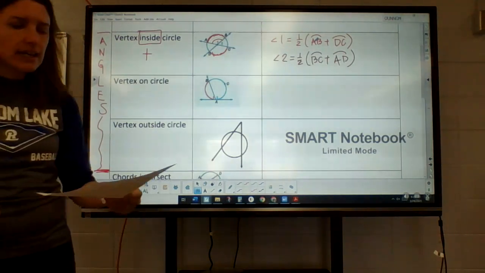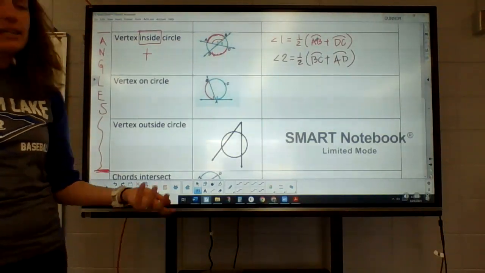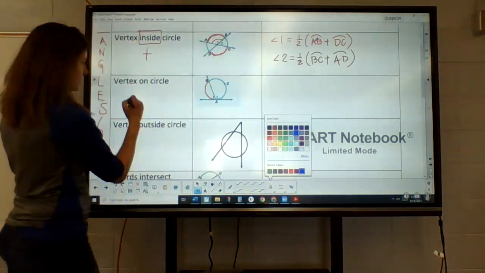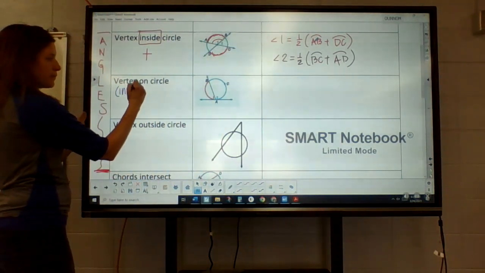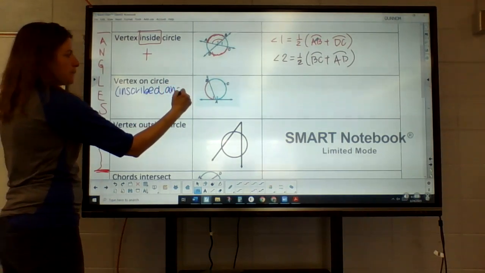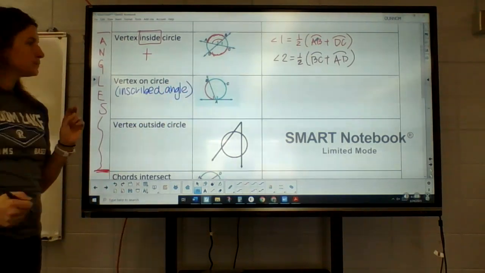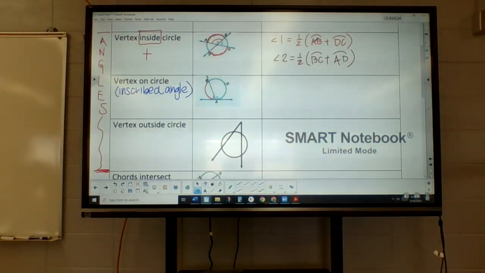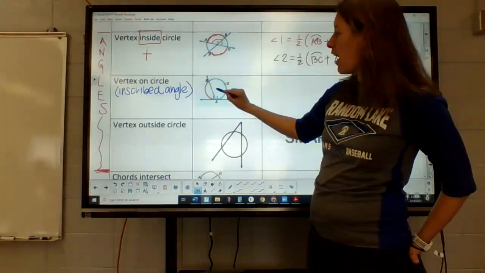Now the vertex on the circle is technically an inscribed angle. So we actually had that on the front side already. This is the one that's going to be half of the arc it works with.